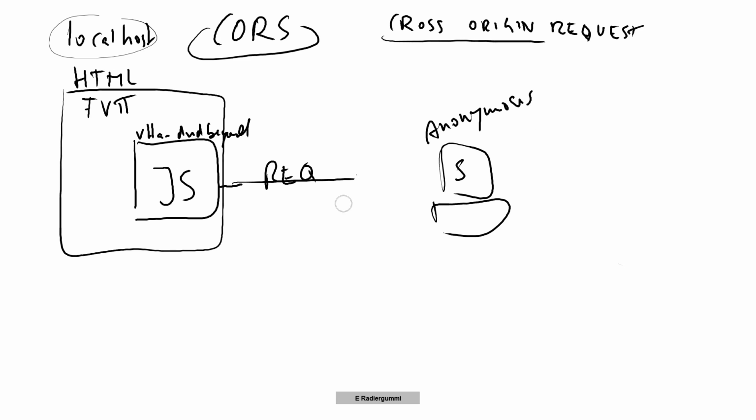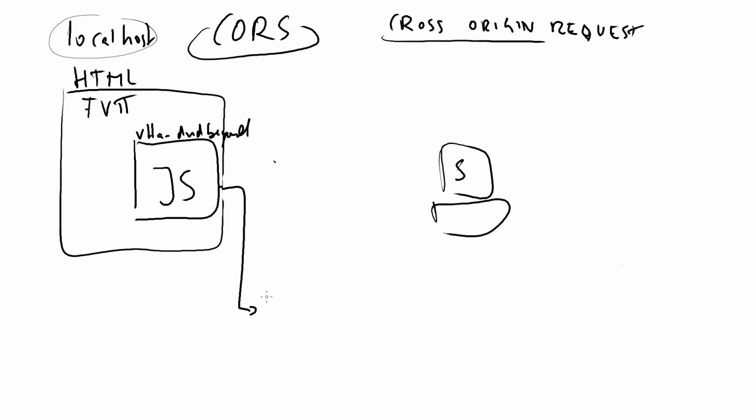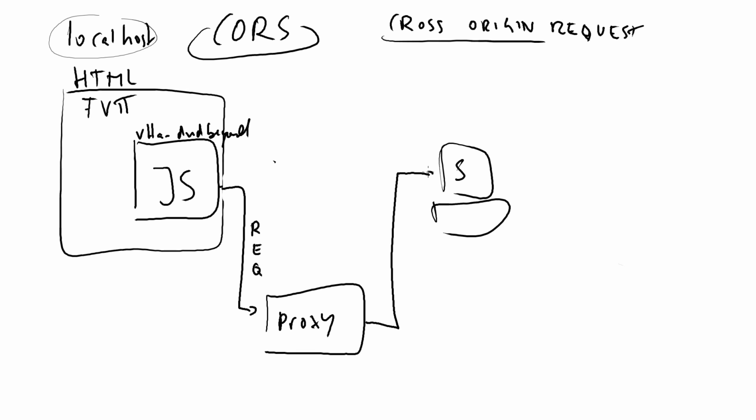So this request isn't going directly to the D&D Beyond web server. Instead, it goes to a proxy server. So this is a piece of software that I provide, and this is the request. And now this proxy makes its own request to the D&D Beyond server.